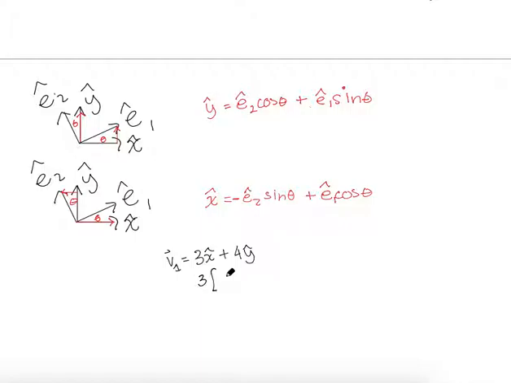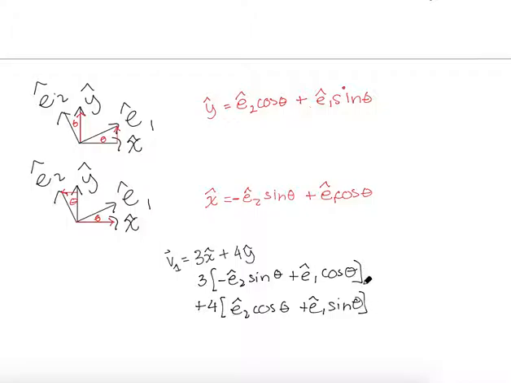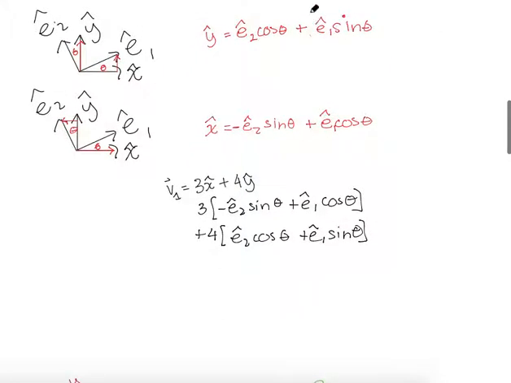3 times minus E2 hat sine theta plus E1 hat cosine theta. And what's the next one? Plus 4. Then just plug in the y. E2 hat cosine theta plus E1 hat sine theta. Okay. And we're almost done.